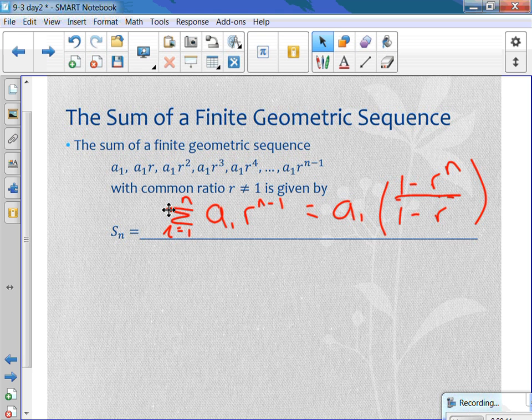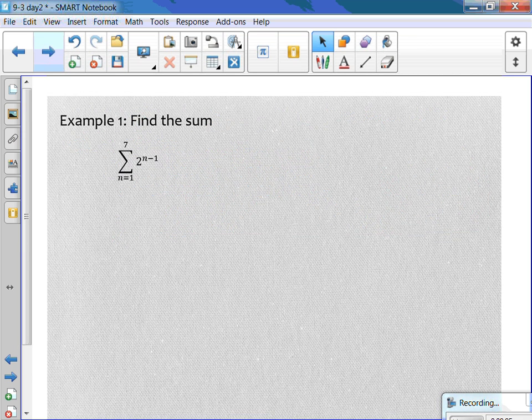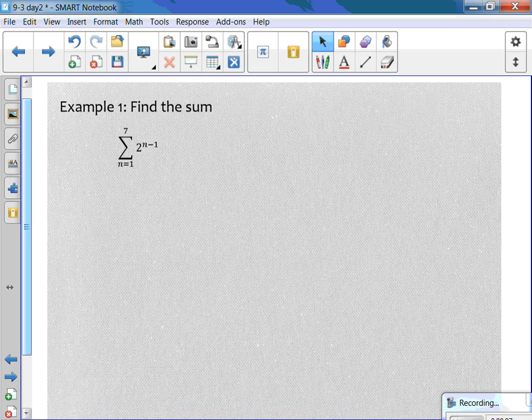So for my finite sum of a geometric sequence, our series, the sigma notation gives us a1 times the quantity 1 minus r to the n divided by 1 minus r. So here we want to find the sum, n equals 1 to 7, of 2 to the n minus 1.